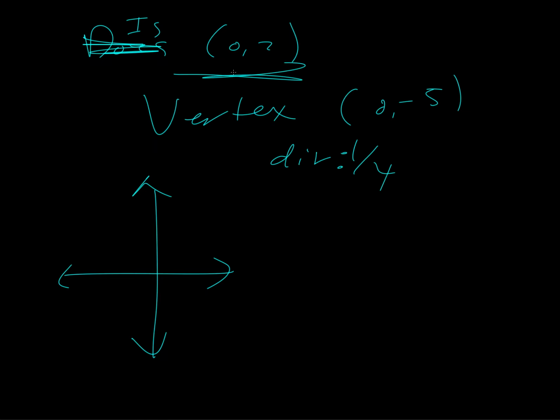So we just want to know, is this on the parabola that has these characteristics? So it doesn't tell us whether it's a vertical or horizontal parabola. So I'm just going to plot the vertex. So 1, 2, 3, 4, 5. And then 0, 2 is the dot, or the thing we want to know.